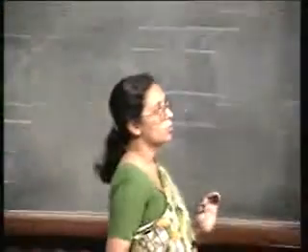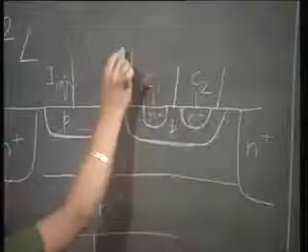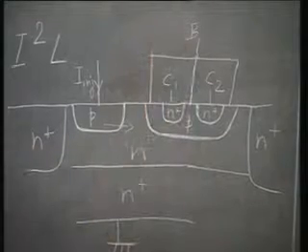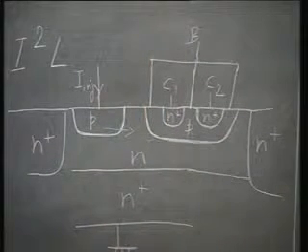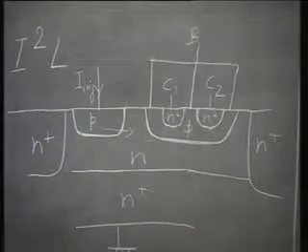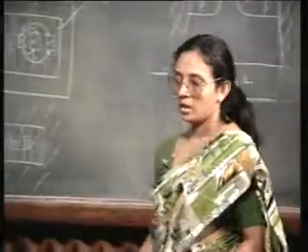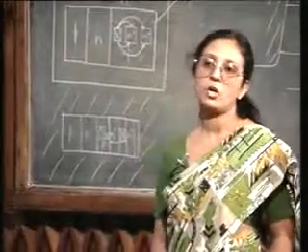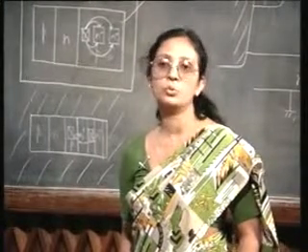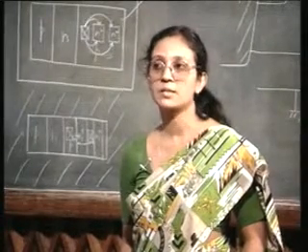Instead of having one base contact, you have one contact here, one contact here, one contact here, all of them are tied together to have the common base. This requirement of having multiple base contacts actually leads to a self-aligned I square L structure, which we will discuss in tomorrow's class.